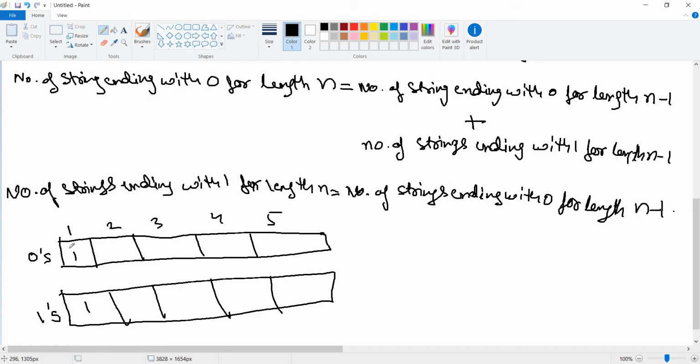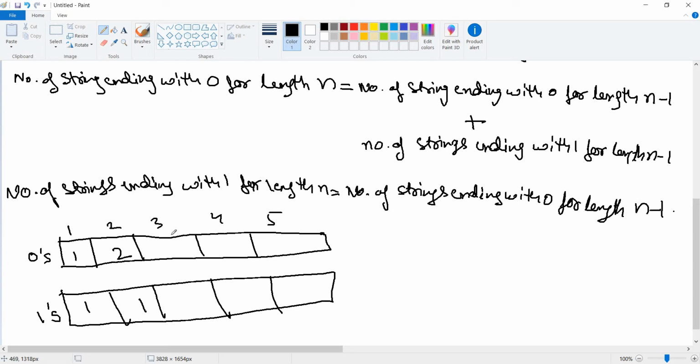Now for 2, the number of strings ending with 0 will be the sum of both of these, because we can add 0 to all the strings ending with either 0 or 1 for length equals to 1. So we'll add both, and this will be 2. But the number of strings ending with 1 for length equals to 2 will be the same as the number of strings ending with 0 for n equals to 1.